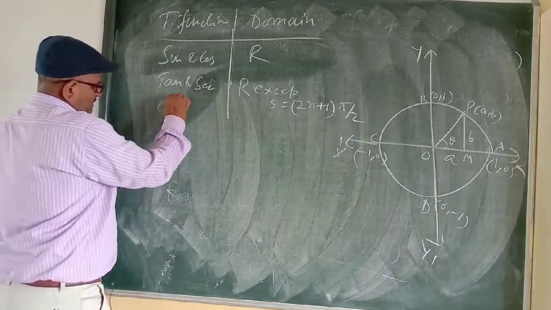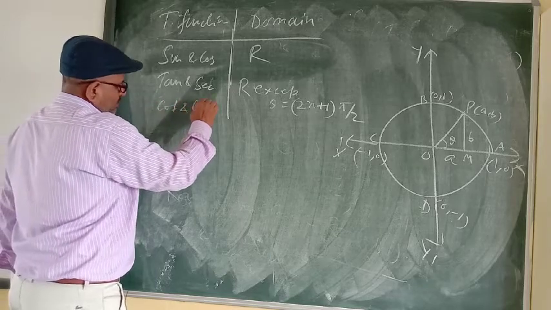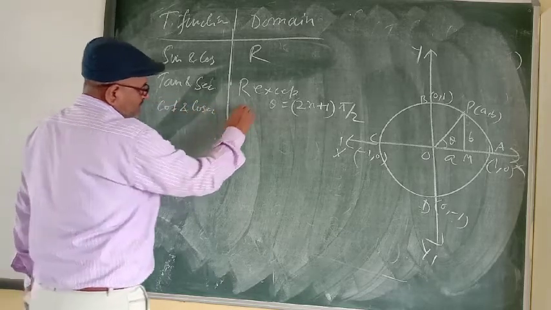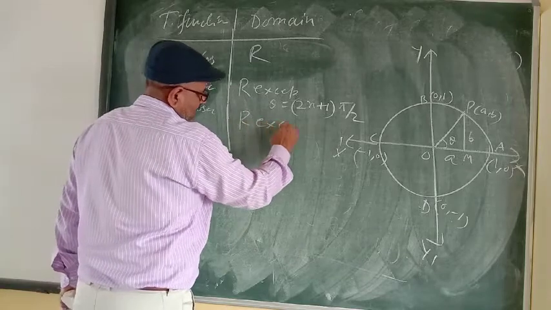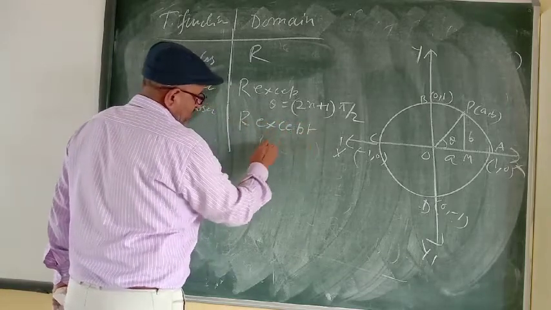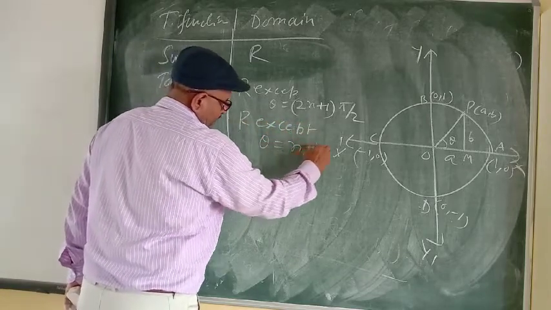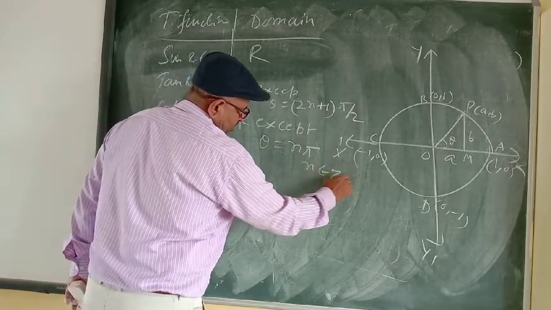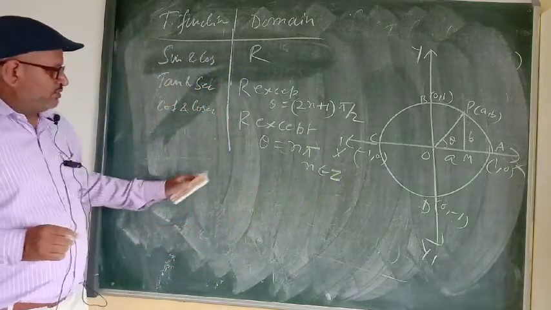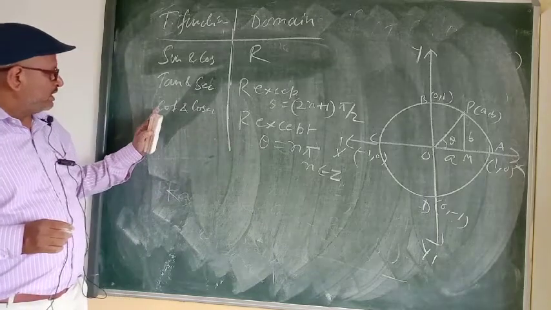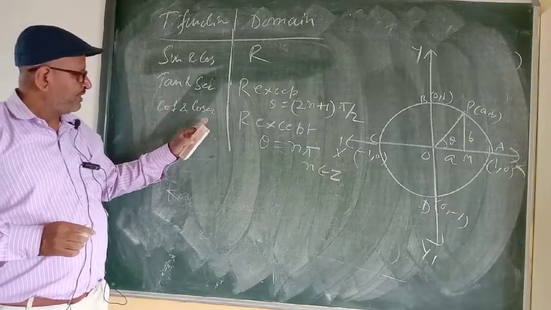And cot and cosec: for cot and cosec, all the real numbers except theta is equal to n pi, where n belongs to Z. So for integral multiples of pi, cot and cosec are not defined.